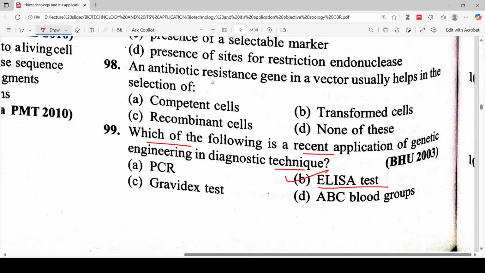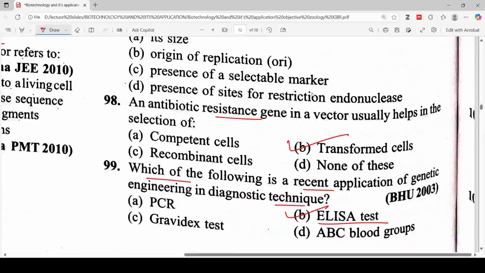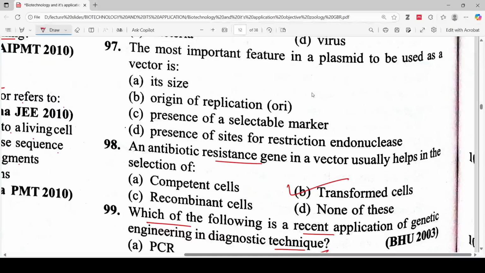An antibiotic resistance gene in a vector usually helps in selection of competent cells, recombinant cells, transformed cells, and none of these. So the correct answer is option B, transformed cells. So let's go to the next question.